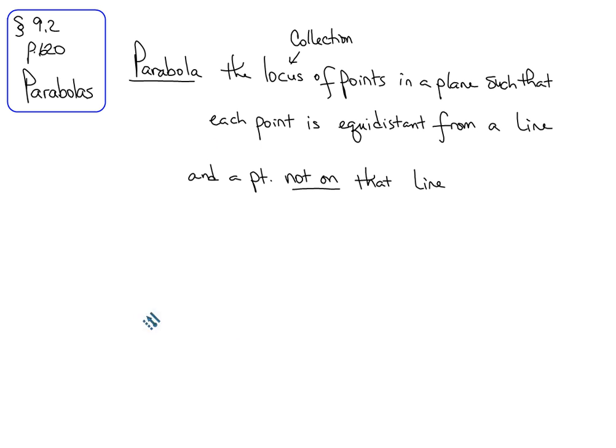So what we have is a line, and we have a point that's somewhere but not on the line. And what we want to do is find all the points in the plane that are the same distance away from the point as they are from the line. Well, there's a real obvious one exactly in the middle right here. So somewhere here there's a point, also, because this distance is the same as this distance.